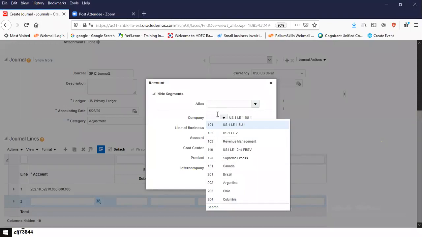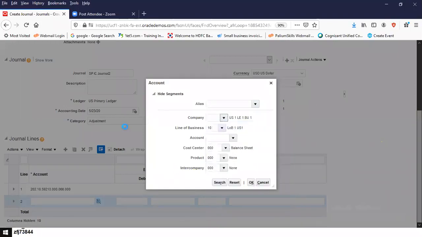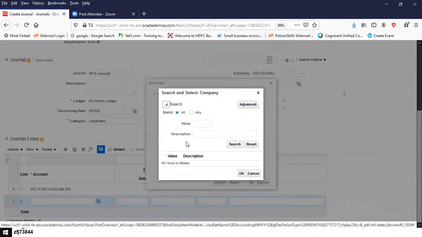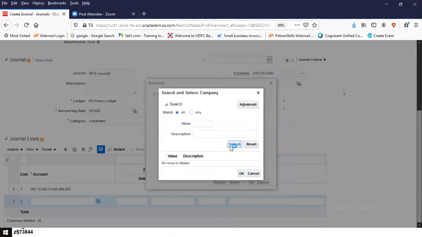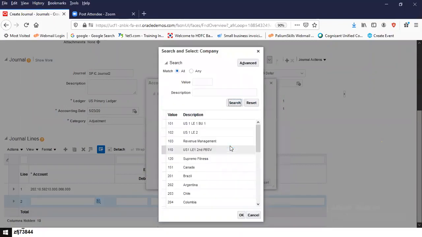Let's take something totally different from another geography, United Kingdom or Sweden.